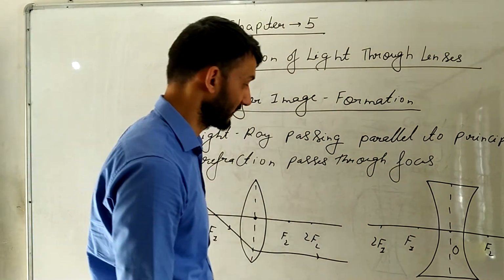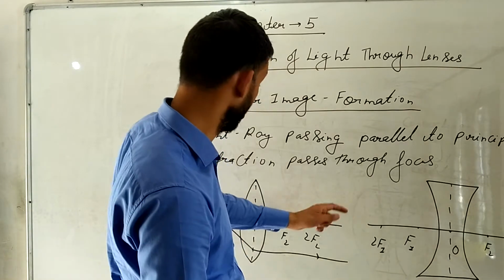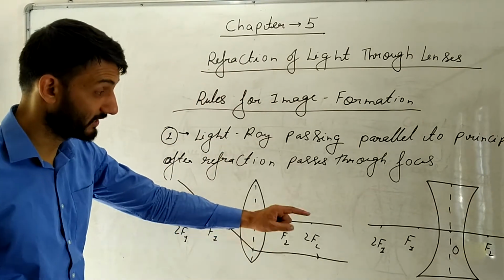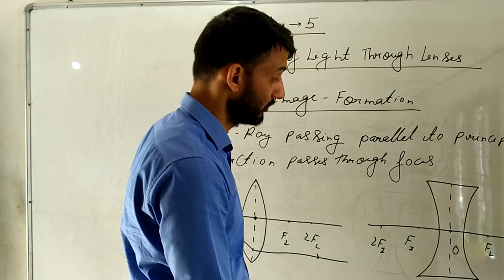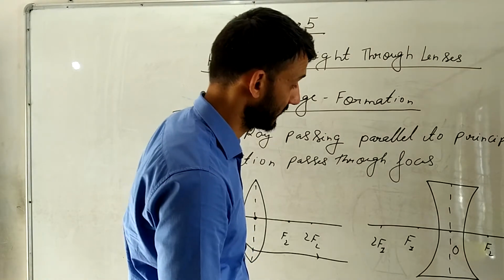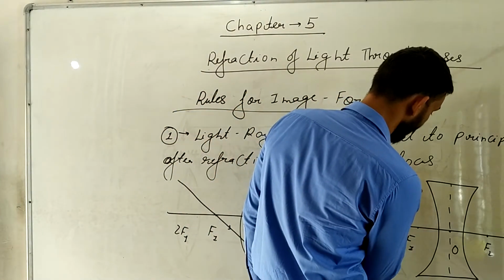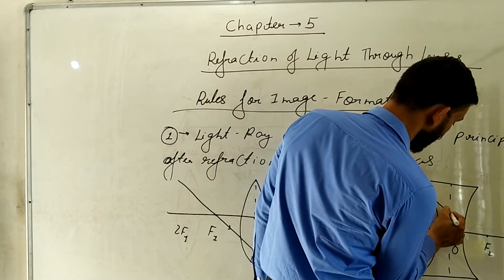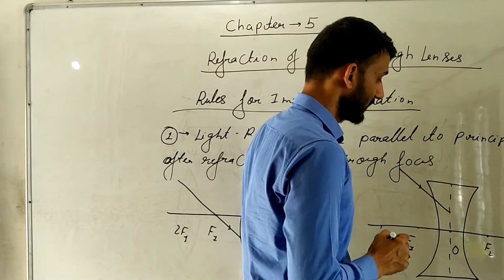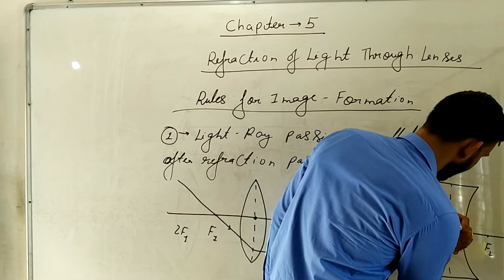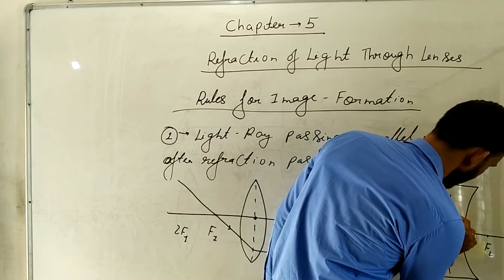Light ray passing through the focus after refraction becomes parallel to principal axis. So what will this be? Actually, the light ray will come like this. We assume it to be passing through focus.